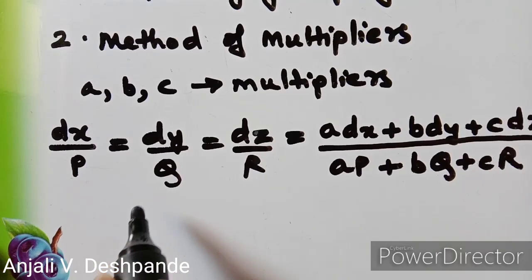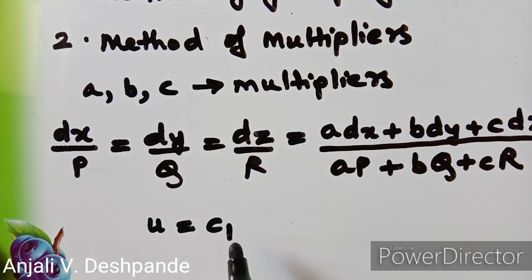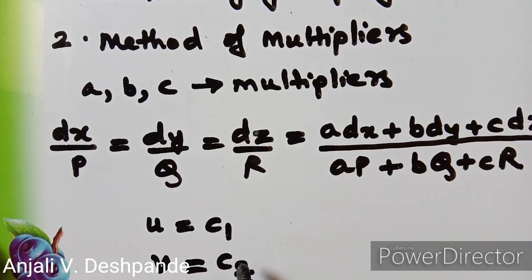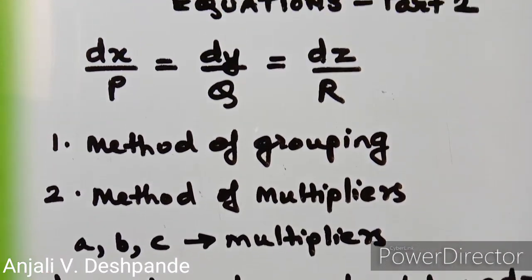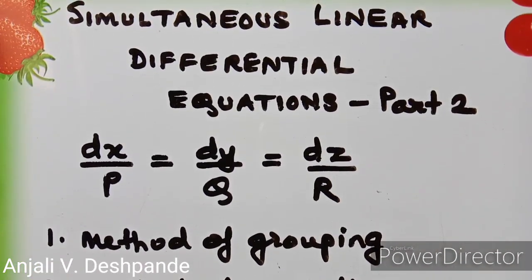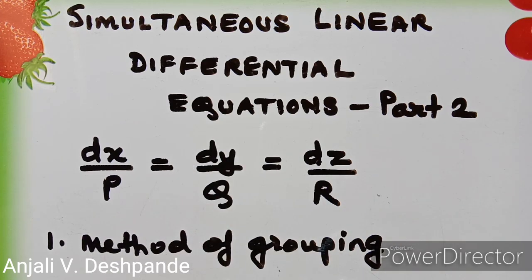These two solutions we can just write as u is equal to c1, v is equal to c2, where c1 and c2 are both arbitrary constants. We will now see how to solve a problem which is a simultaneous linear differential equation given in the symmetric form.